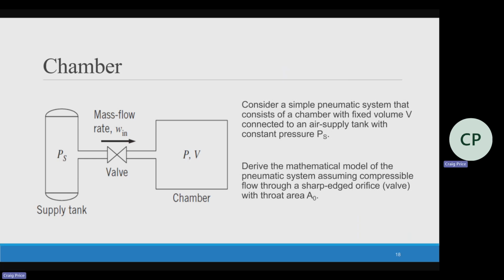And then once I open it, mass is going to flow in, the gas is going to flow in until I reach steady state, which means this pressure equals that pressure. So eventually we're going to get to a point where all of the pressures are equal. And we want to create the equation for this chamber.